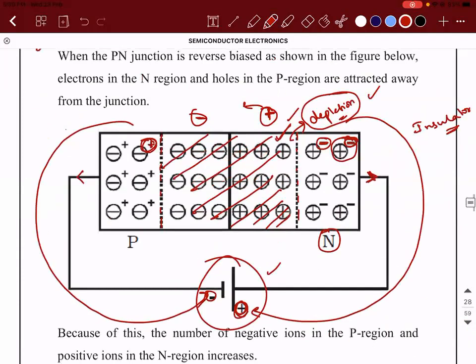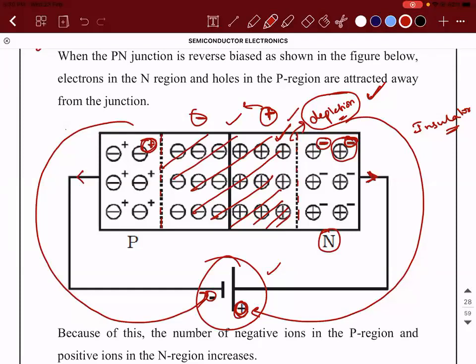Now, why I told this story is that this depletion region is something similar to the dielectric. As the width of the depletion region is increasing, what will happen? It will have more insulating property. Which one? The diode. The diode will have more insulating property, but after a certain point, the depletion region can't take the value of potential that you apply.